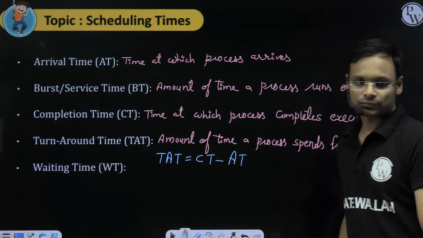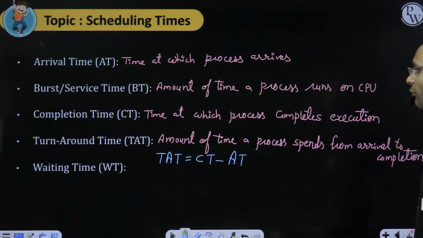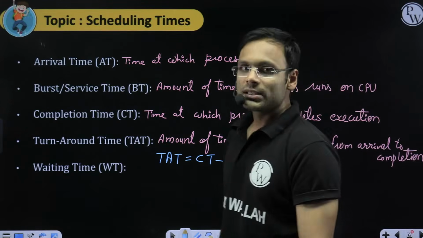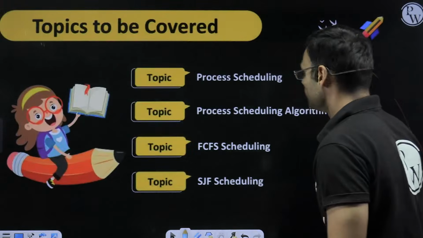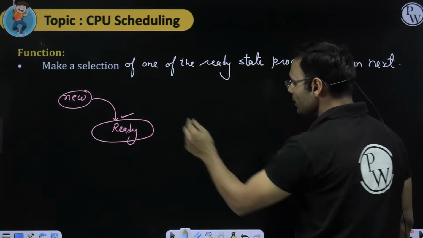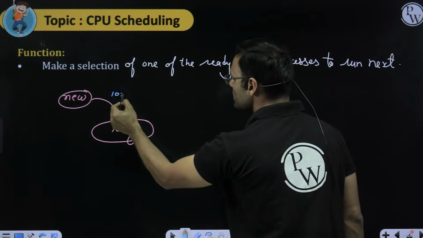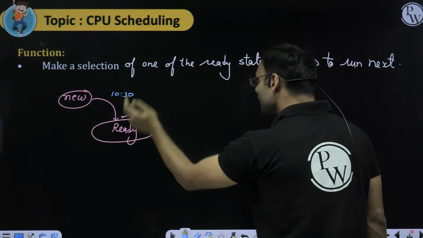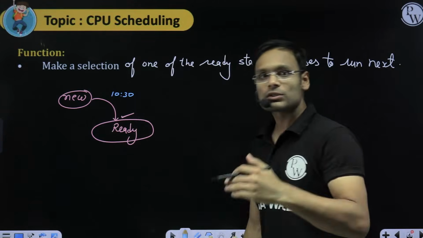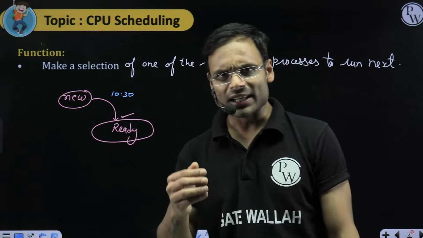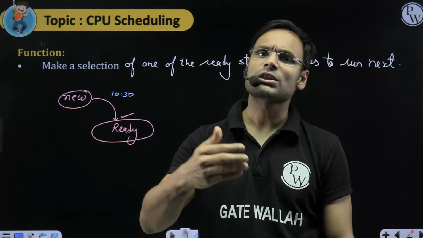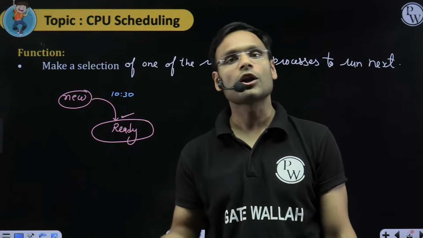Okay, next thing, waiting time. What is waiting time? See, when a process arrives, let's say at 10:30 a process arrived, but at whatever time a process arrives, is it necessary that at the same time the process will get the CPU and run on the CPU?